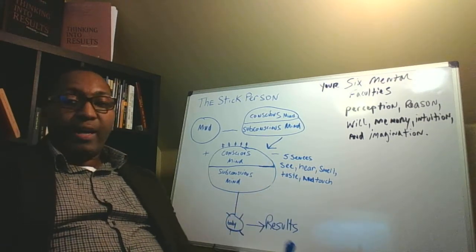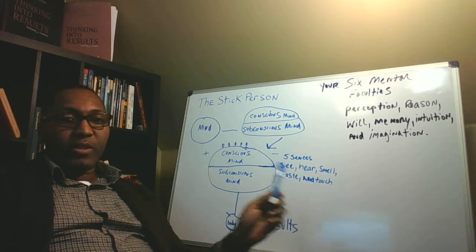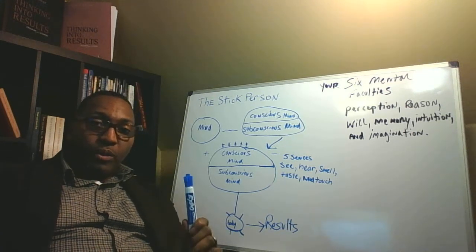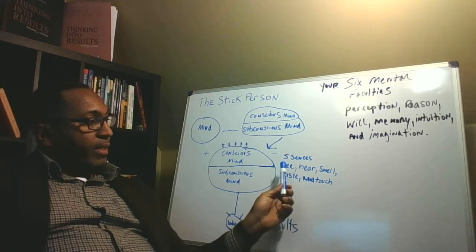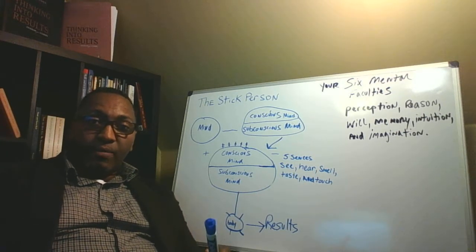Now, I have two dogs at home that can see, hear, smell, taste, and touch. And I believe that you and I were put on this earth to do and be more than to see, hear, smell, taste, and touch in our lives.